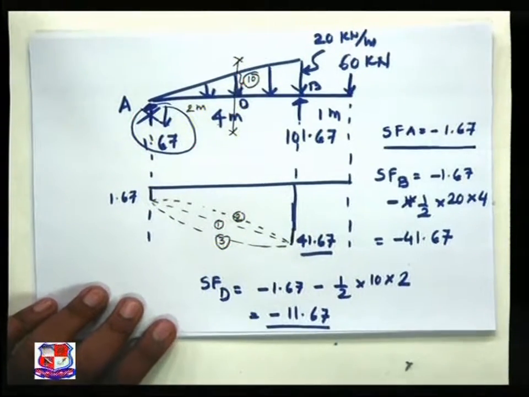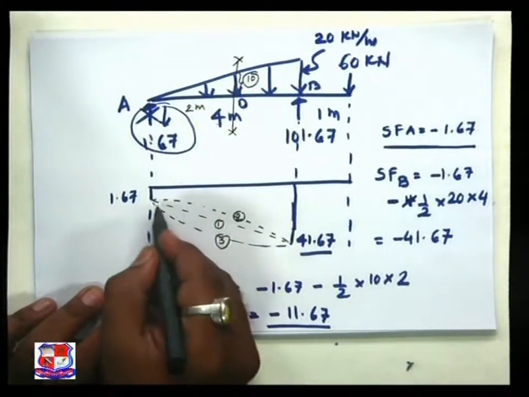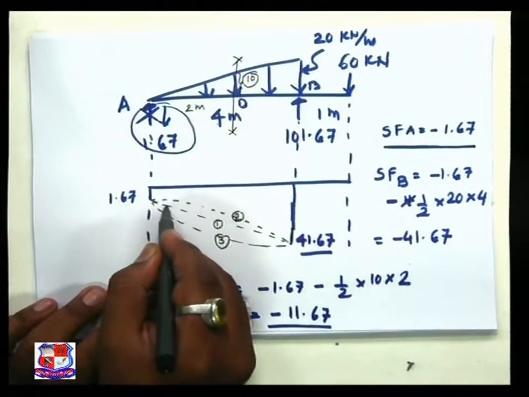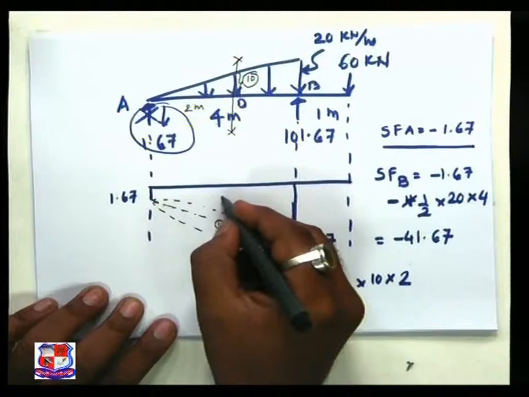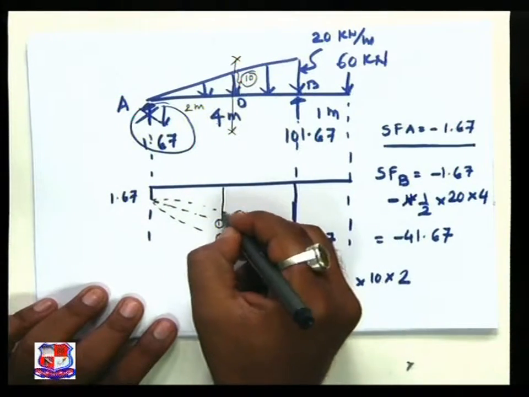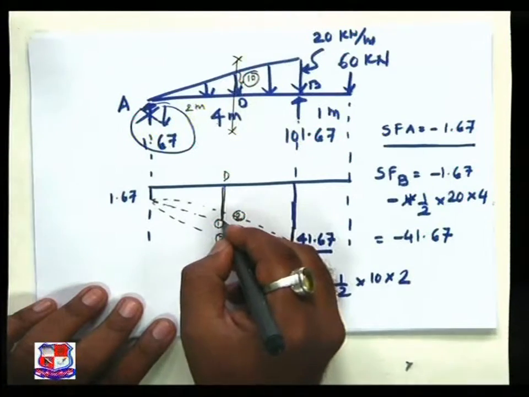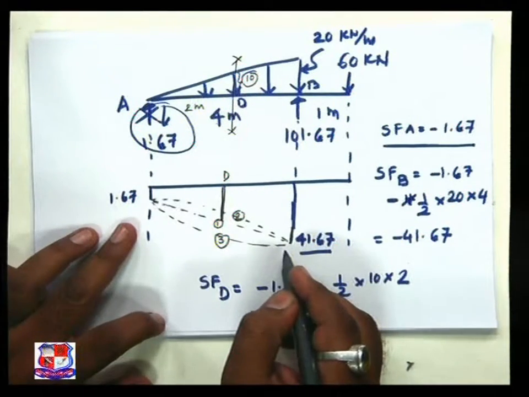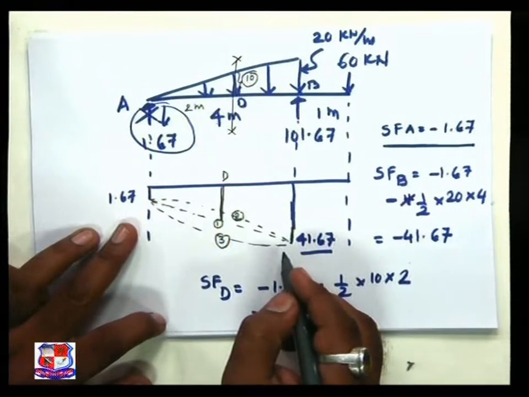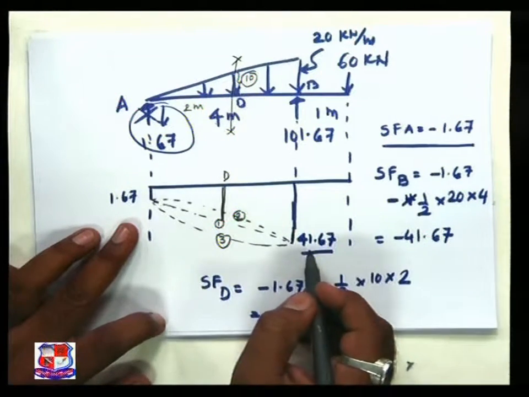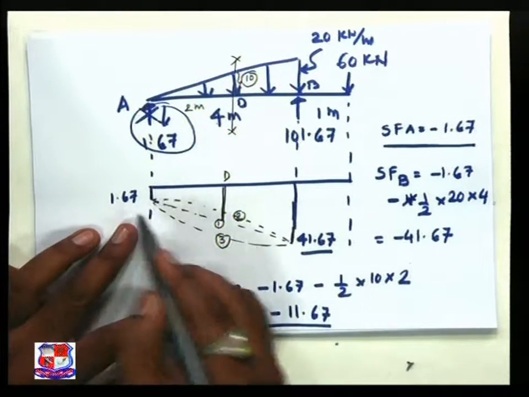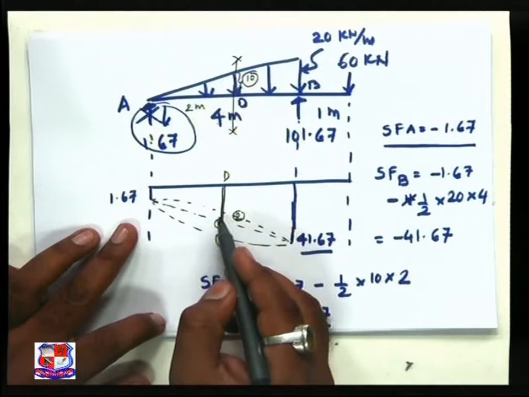Now, if we are going to take a straight line, then what will be this ordinate? If we are taking this as a straight line, then the central ordinate is 41.67 plus 1.67 divided by 2.